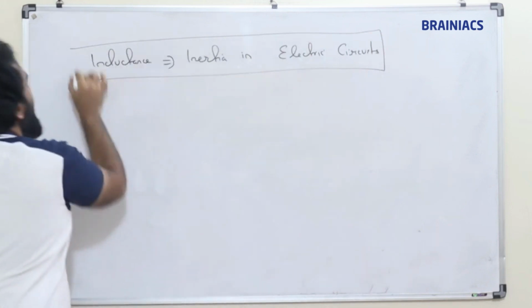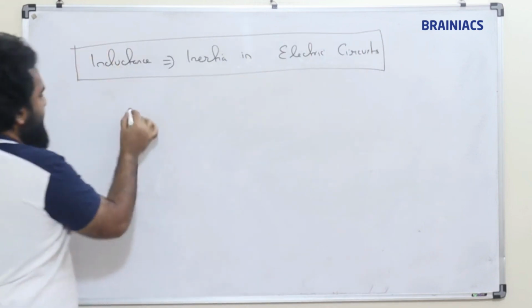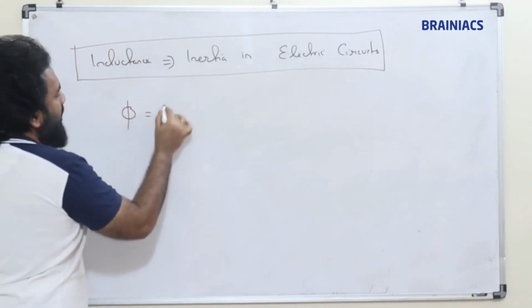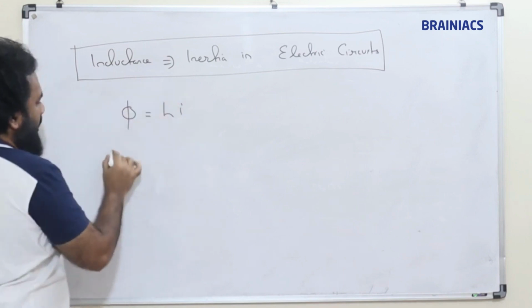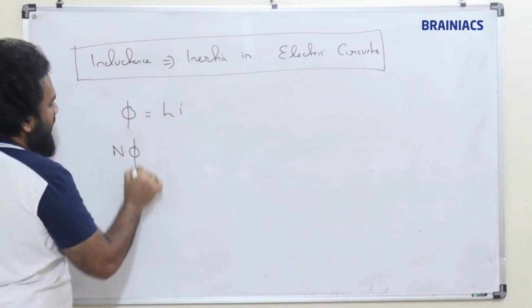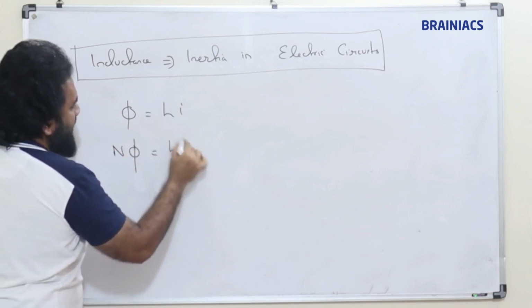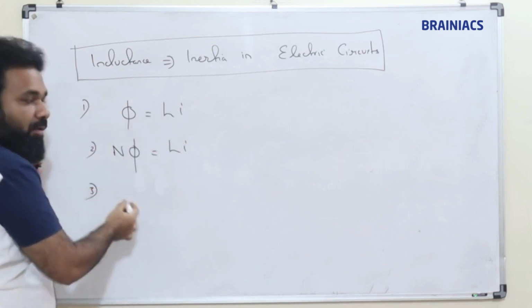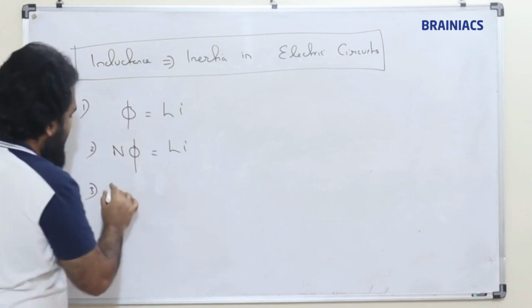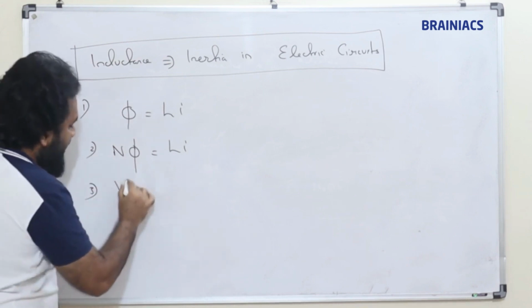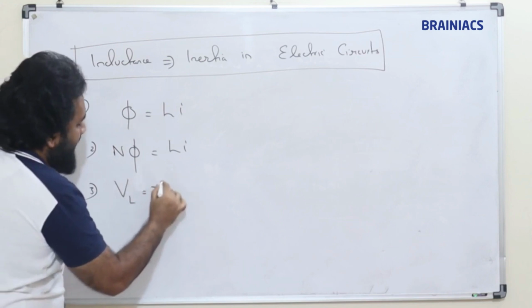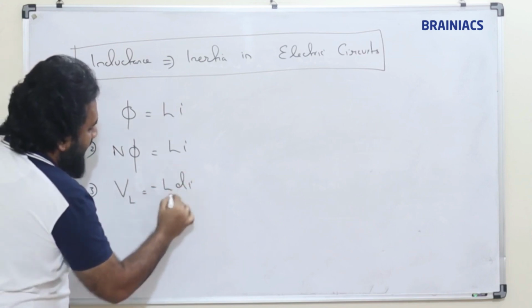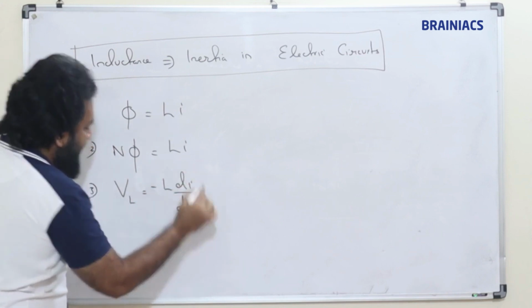Okay, so we will summarize. Phi is equal to Li, or if there are n number of turns, n phi is equal to Li. Then the voltage induced, the EMF in an inductor, is equal to minus L di by dt.